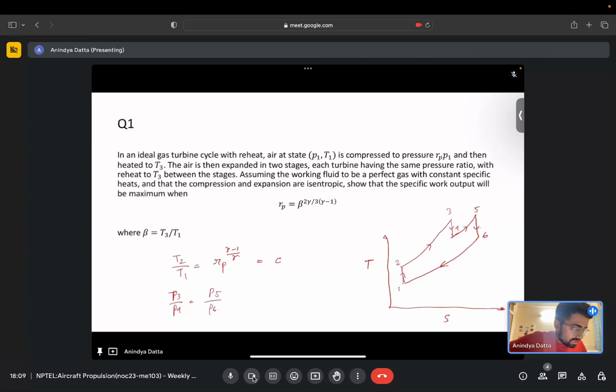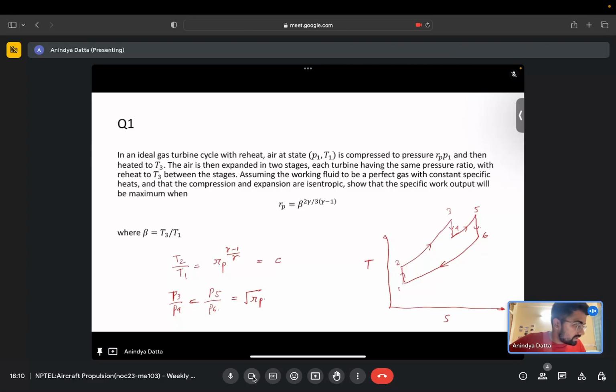So the pressure ratio across each turbine stage is equal, and that is generally equal to the square root of the total pressure ratio. The total pressure ratio is RP, so the pressure ratio across each turbine stage should be the square root of RP.